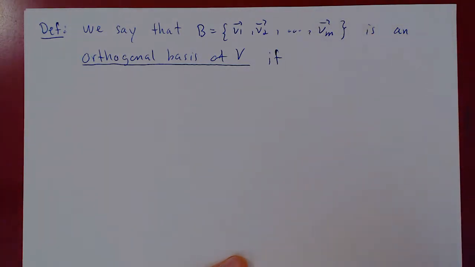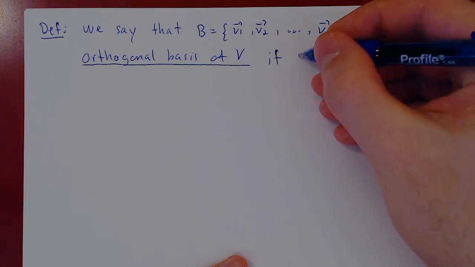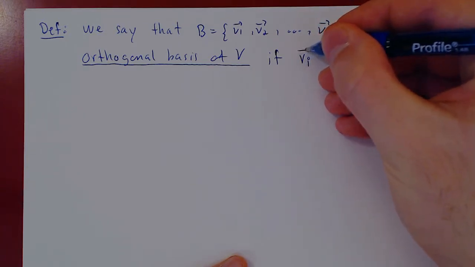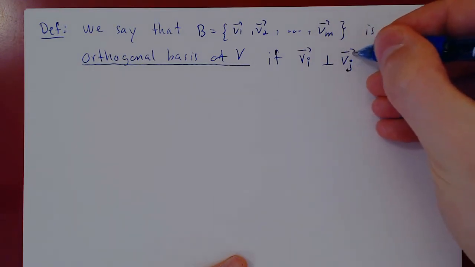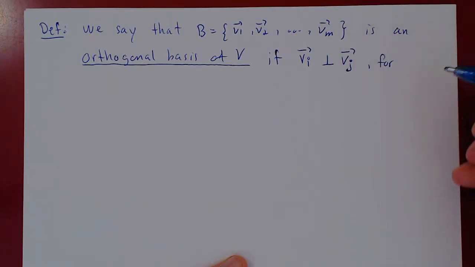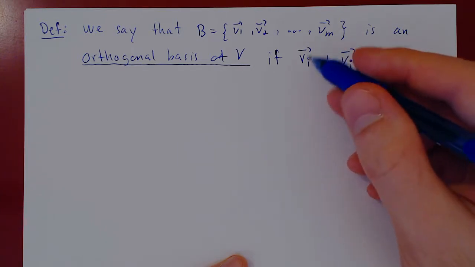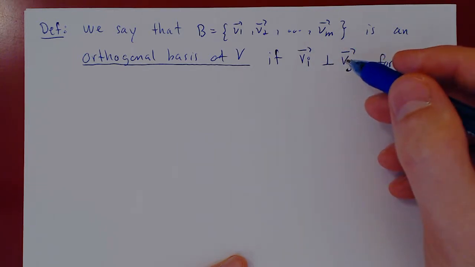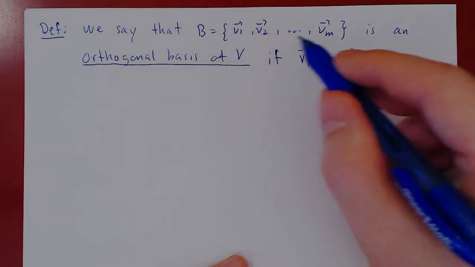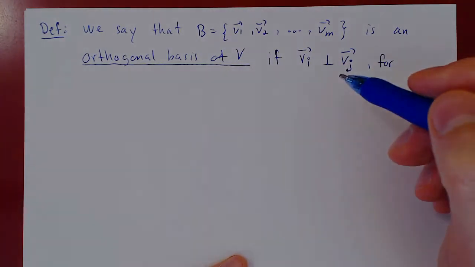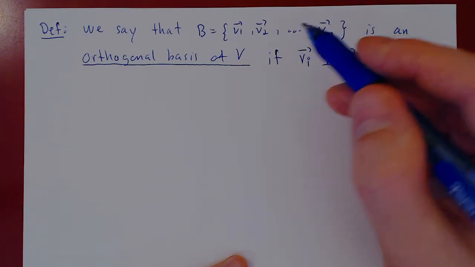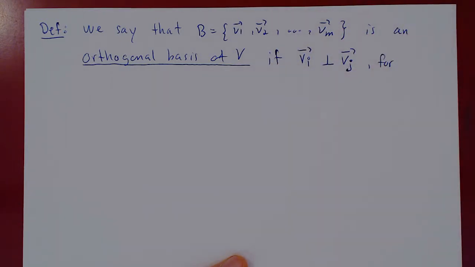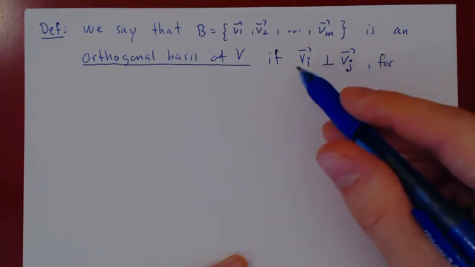So how do we say this very concisely? Well, if the vector vi is perpendicular to the vector vj, well, a vector cannot be perpendicular to itself unless it's the zero vector, and because we have a basis, the vectors are not the zero vectors. So if we take two distinct vectors in here, whichever they are, v2 with v3, v2 with v7, v8 with v9, v1 with v10, they will always be perpendicular to each other.